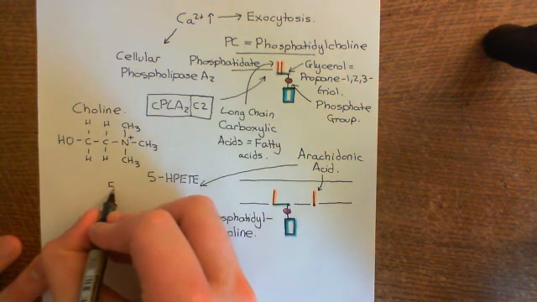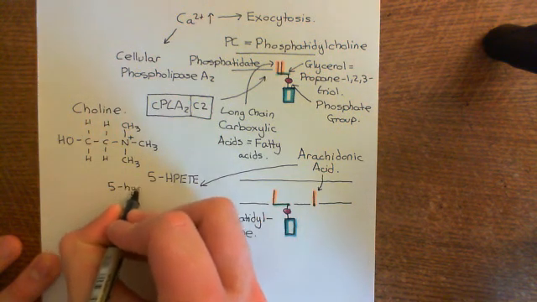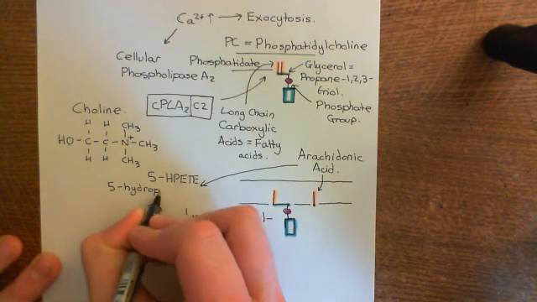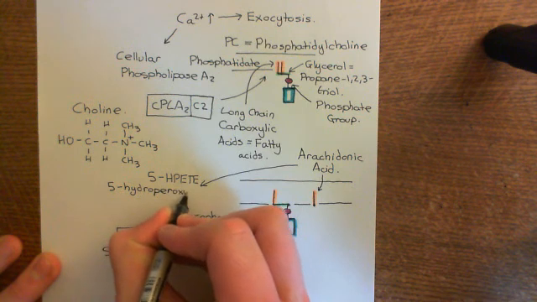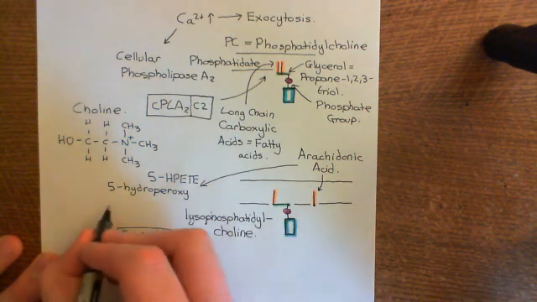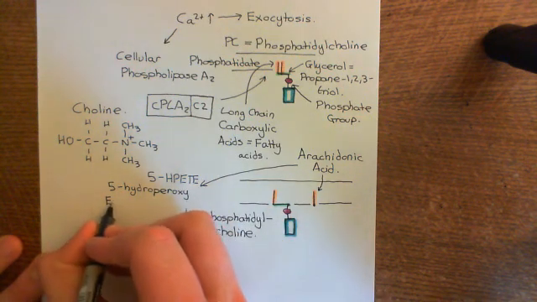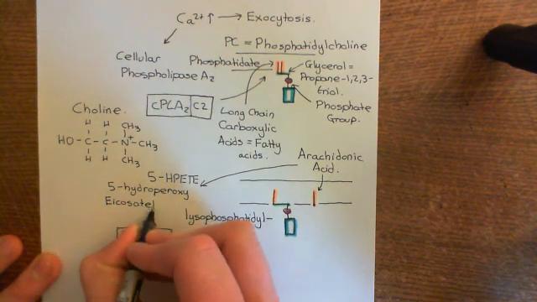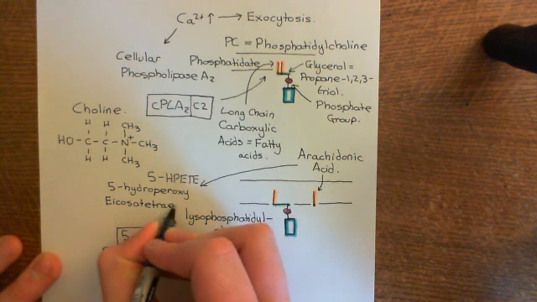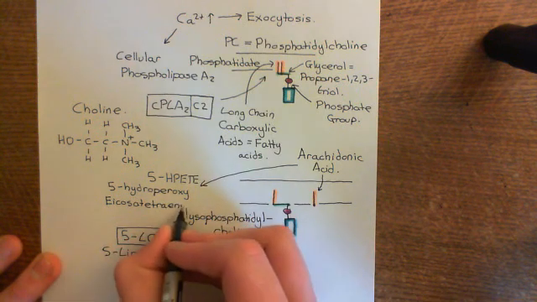Well, it stands for 5-hydroperoxy, and then the ETE stands for icosatetraenoic acid. So 5-hydroperoxy and then icosatetraenoic acid. And another name for arachidonic acid is icosatetraenoic acid.